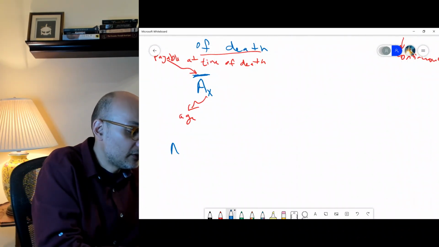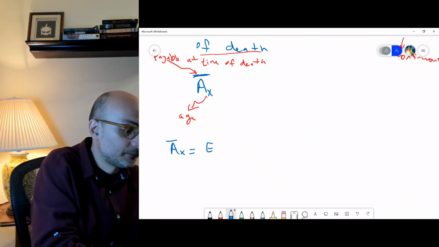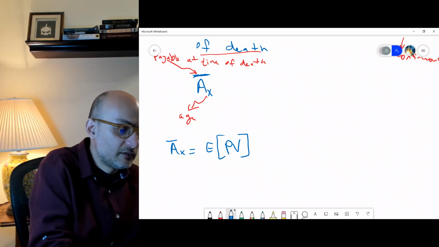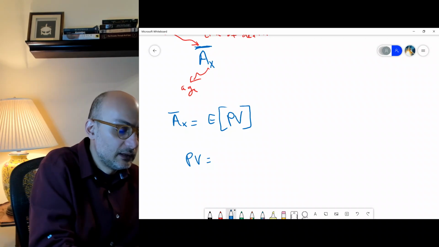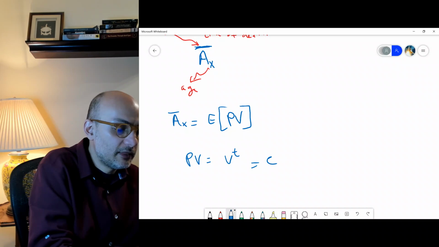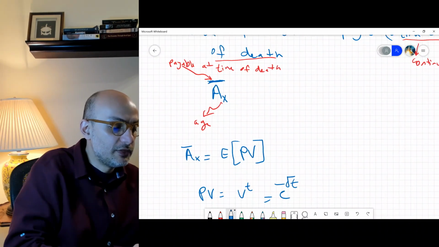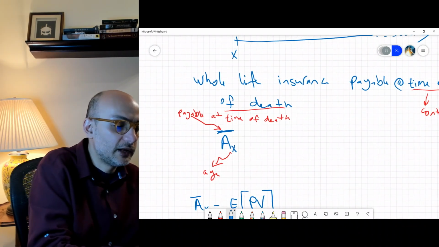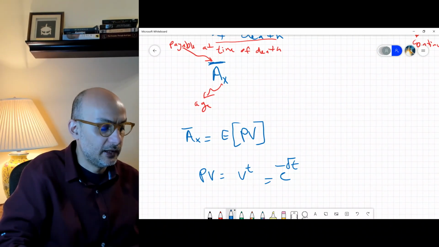And A of X, how do we calculate it? It's the expected value of the present value. But what is the present value? The present value of a payment is v^T, or you can think of it as e^(-delta T). This is the present value. We start with $1. Usually we start whole life insurance with $1, and later on we can alter it to any other payment.